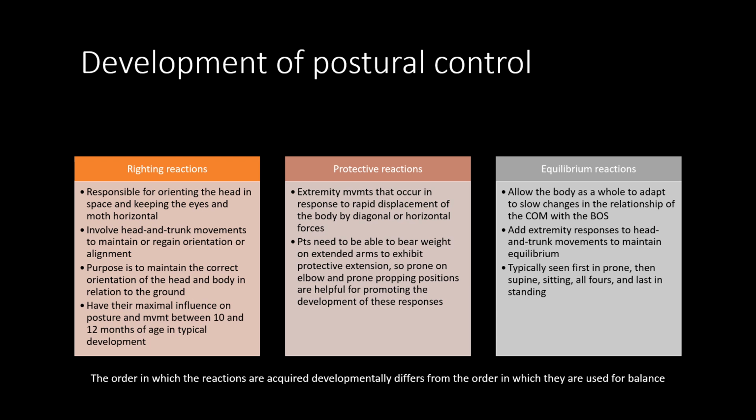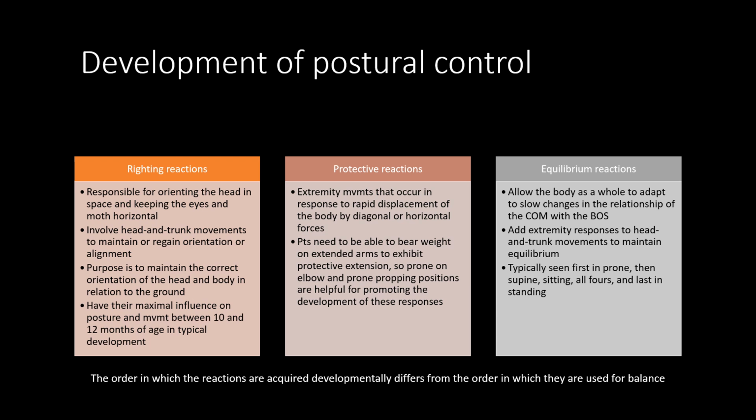They're involved in head and trunk movements to maintain or regain orientation or alignment. Their purpose is to maintain the correct orientation of the head and body in relation to the ground, and they have their maximal influence on posture and movement between 10 and 12 months of age in typical development, because there isn't the development of the other reactions yet.